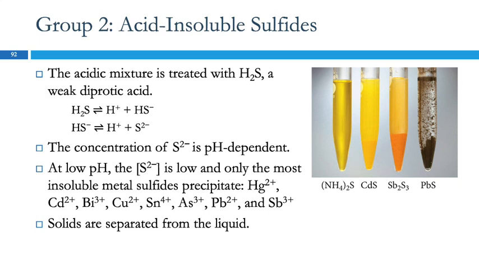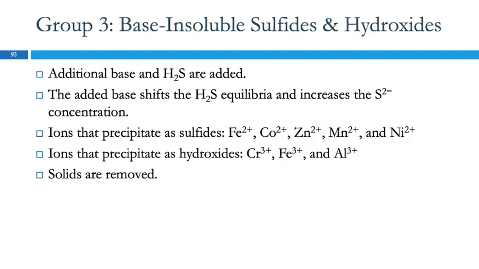Now, what we're trying to do here is identify which cations are in the solution. We are not trying to quantitatively separate them or identify how much. We just want to confirm their presence. So then again, you can separate the solids from the remaining liquid.